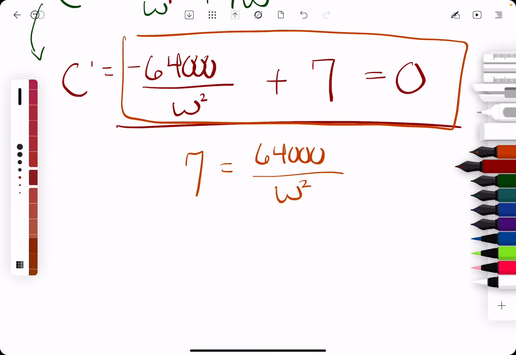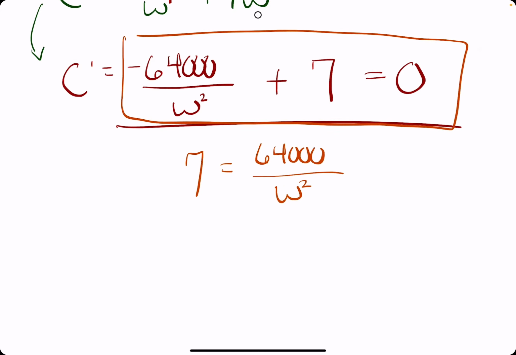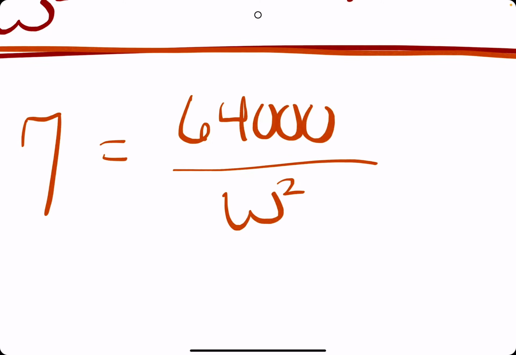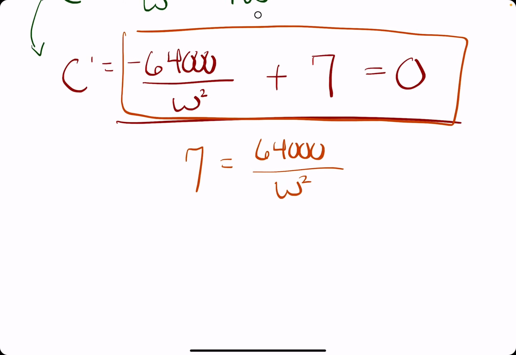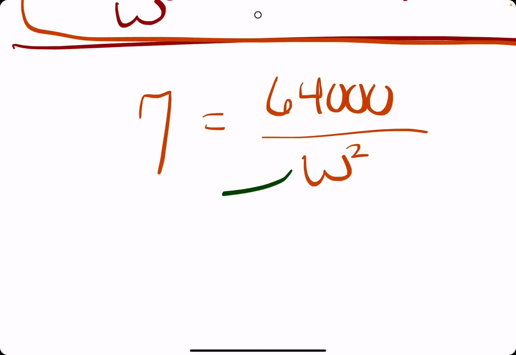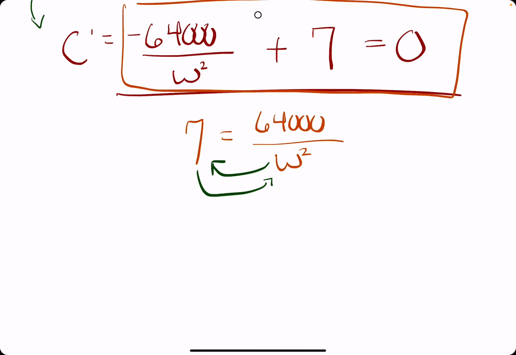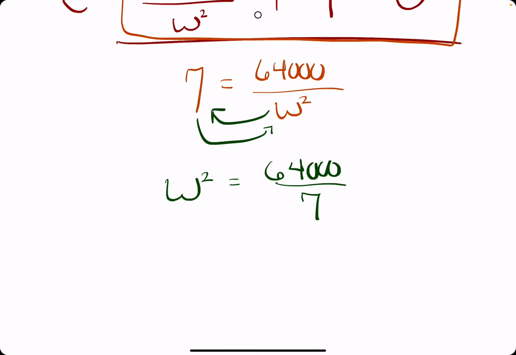There's a little trick I like to do when there's just the variable on the bottom on one side and then just a constant on the other side. We're going to multiply both sides by W squared and simultaneously divide by 7, essentially swapping spots of these terms. So then all we need to do is take the square root.